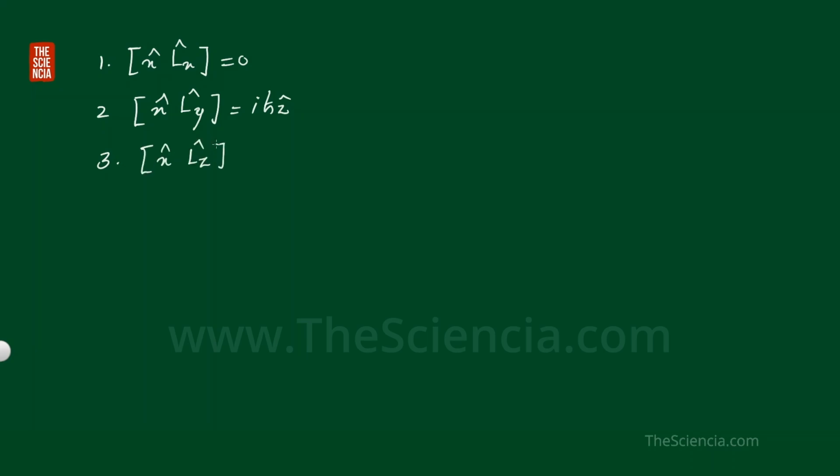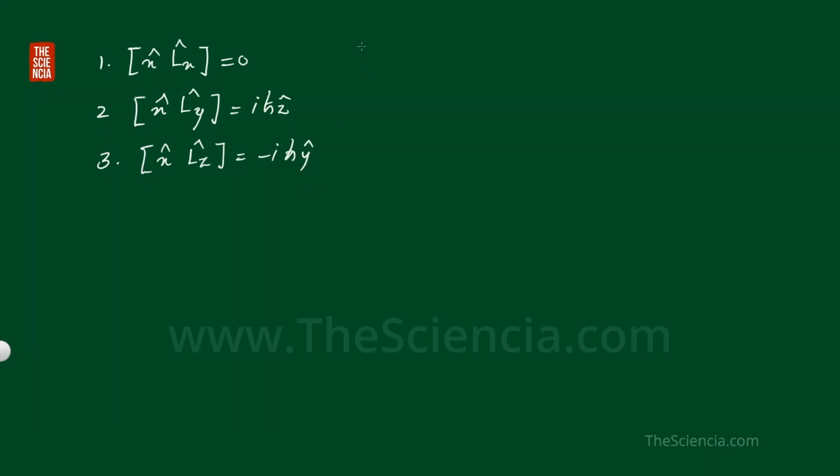So we got commutator bracket of x cap L x cap is equal to 0 and the commutator bracket of x cap L y cap is equal to i h cross z cap, and we got commutator bracket of x cap L z cap is equal to minus i h cross y cap.